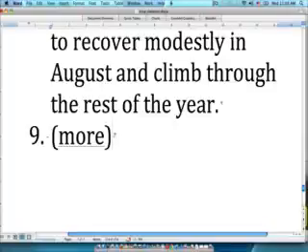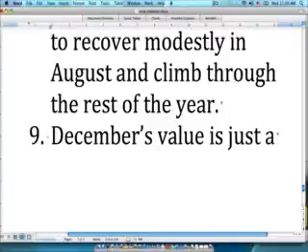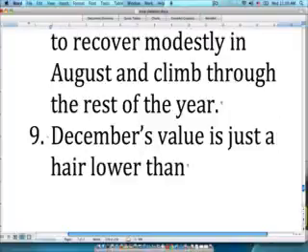But in this case, of course, this is something that's somewhat cyclical, so December and January are rather similar in value. So we could start this with stating December's value is, we'll say just a hair lower than January's.